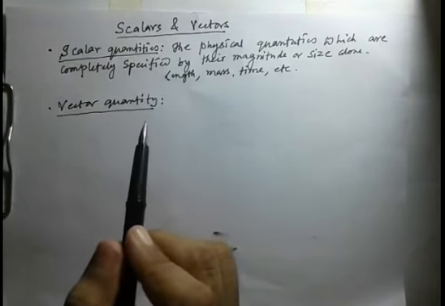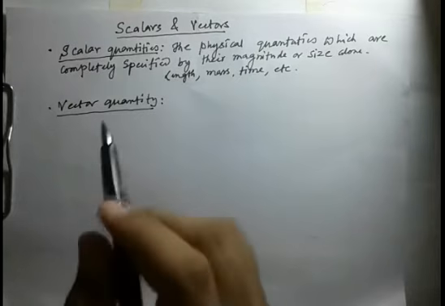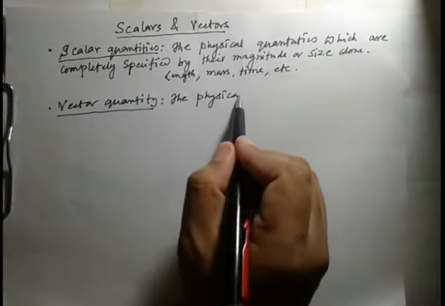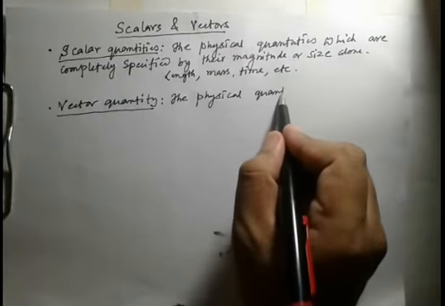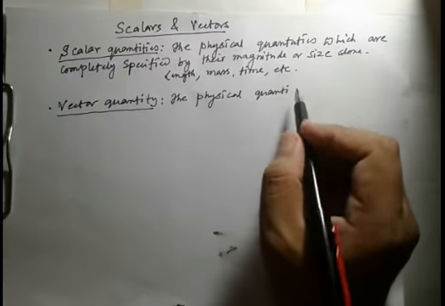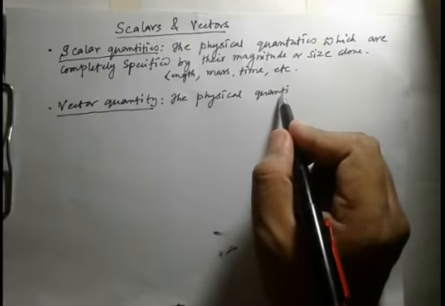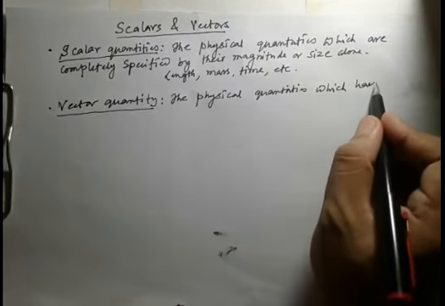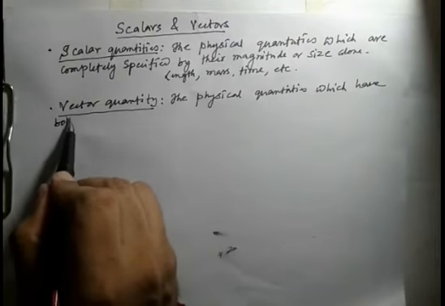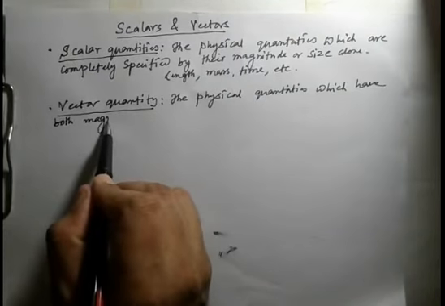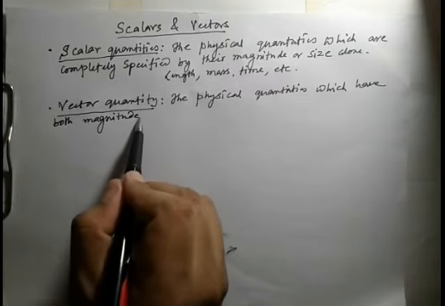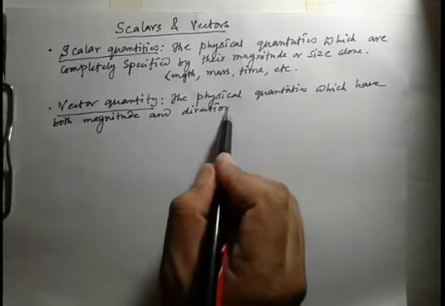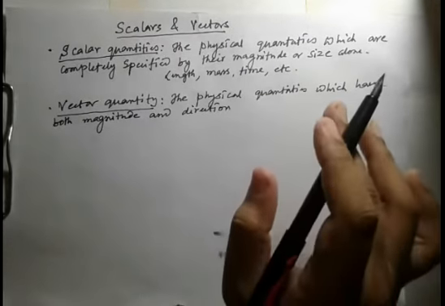And next one is vector quantity. Here the physical quantities which have both magnitude and direction are called vector quantities.